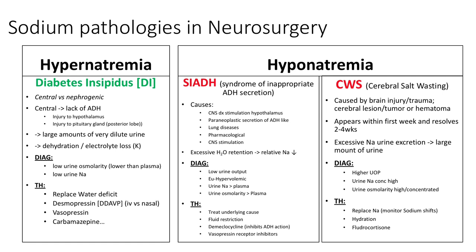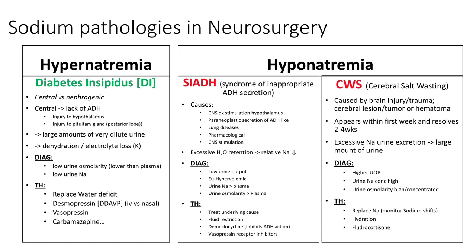Treatment for SIADH is also to address the underlying cause, your neurological disease, but overall just fluid restriction. Decrease the water intake. Demeclocycline, because it inhibits the ADH action, or also in development, vasopressin receptor inhibitors to treat that condition.